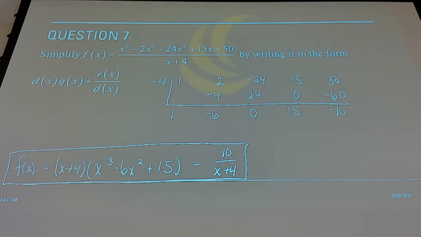Actually, that's a typo on my part. It wouldn't be over d of x. That's if I decided to ask you to write f of x over d of x equals.